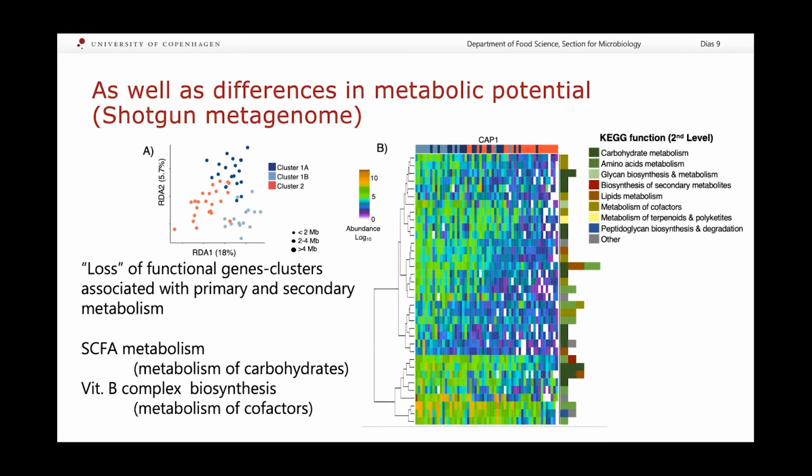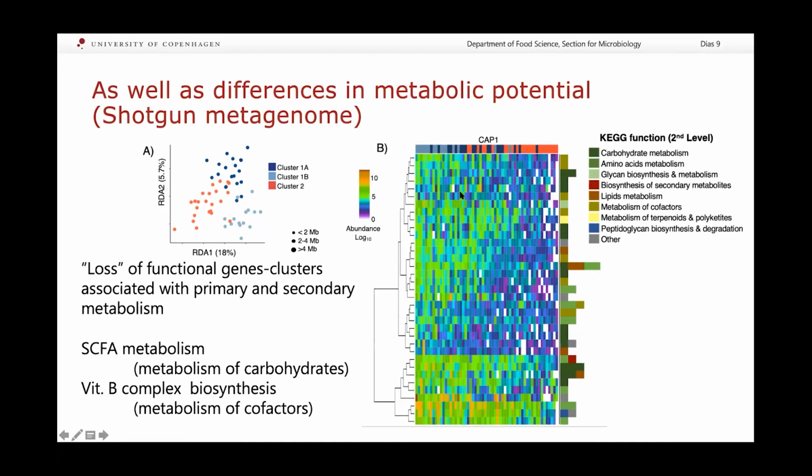This is only taxonomy, but we can also analyze all the genetic information and metabolic potential that the microbiome of these individuals has. By sequencing the total genomic DNA of the bacteria, what we observe is basically a loss.